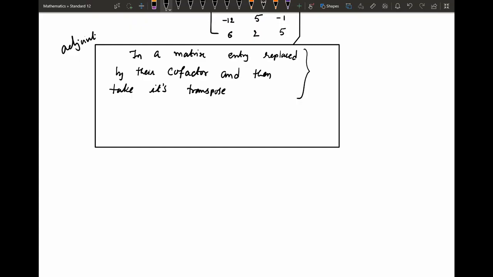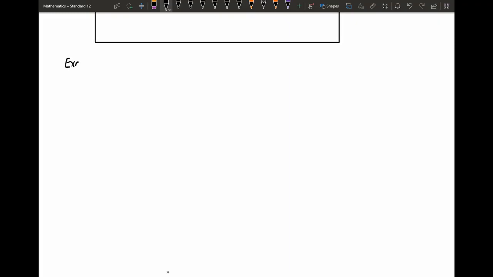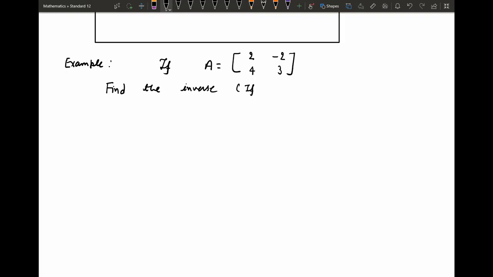Now another question, for example: if A is a square matrix, 2 by 2, given as 2 minus 2, 4 3, find the inverse, if it exists.